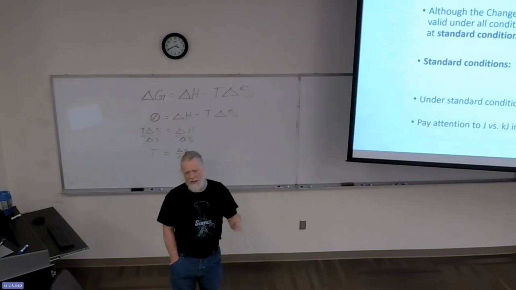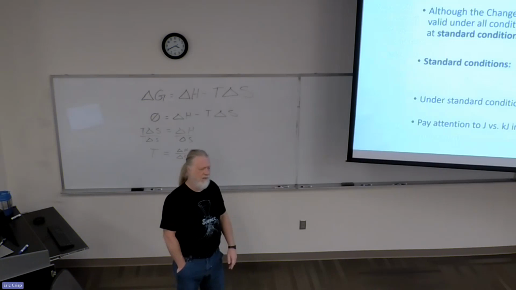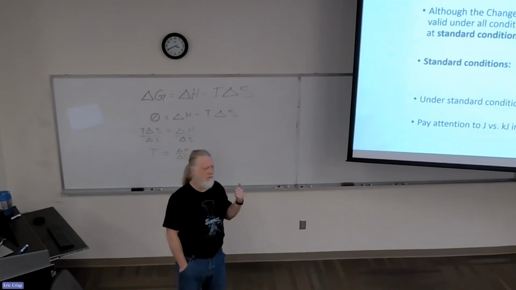Please be careful. I do not know why this is the case. Anybody still have open that table where we got the values from? Look at the top and look at the units. What are the units for delta H? Yes, kilojoules.